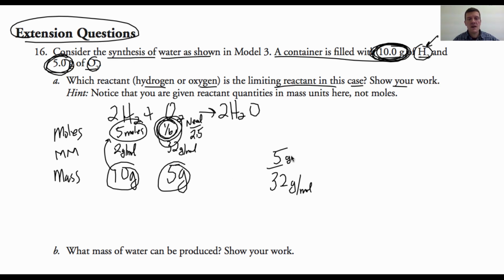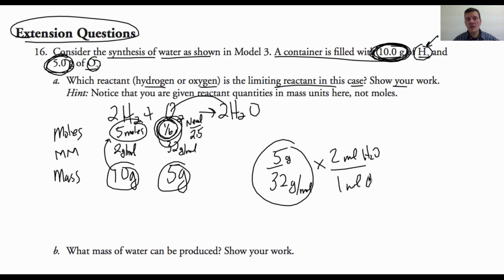So I take the number of moles of oxygen, and I use my ratio of 2 to 1, 2 moles of water for every 1 mole of oxygen, and that tells me how many moles I'm going to get. So remember, when I do this calculation, 5/32, this is actually going to be moles. Grams are going to cancel. So 5/32 times 2 gives me 5/16 of a mole.